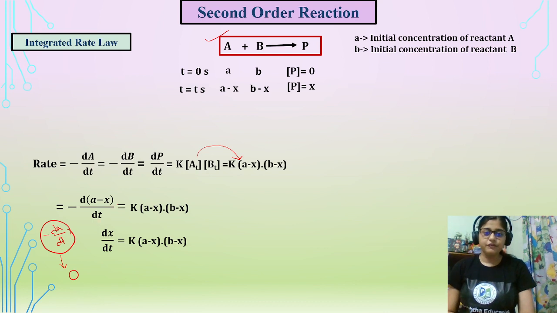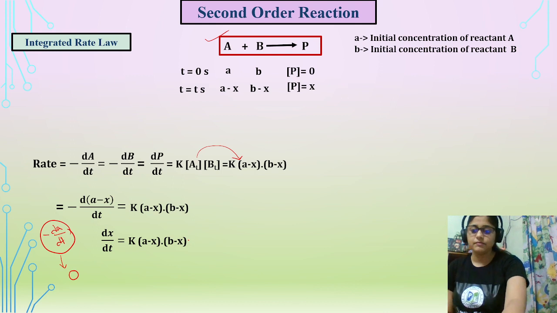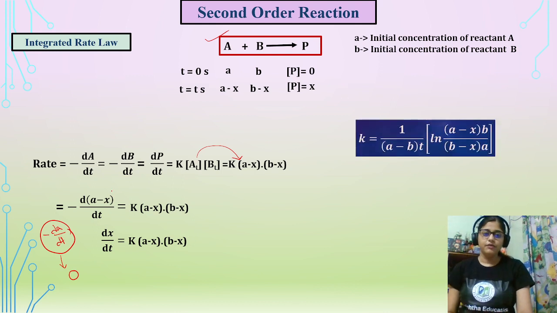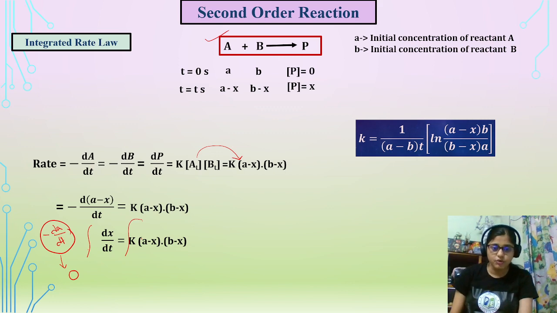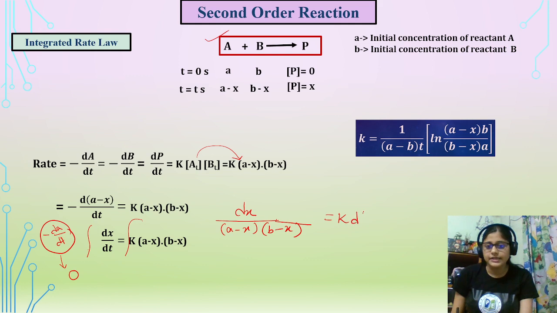If we integrate this one, we will get this. I am not going into the derivation part because it will be lengthy. So it will be dx by (a minus x)(b minus x), again equal to k dt.